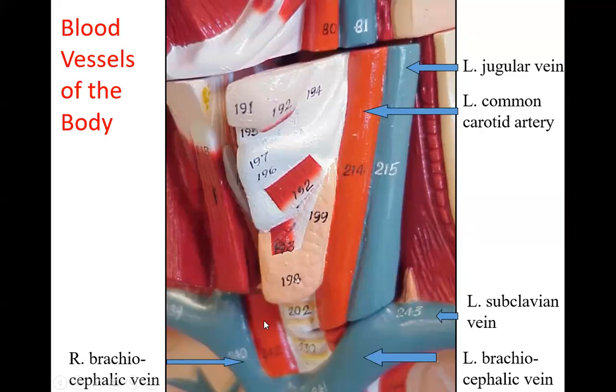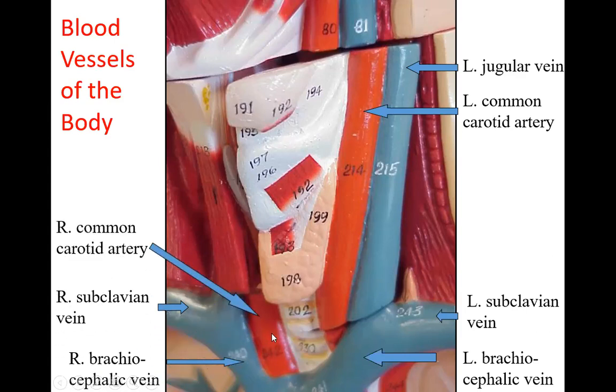Probably can't see it well, but there's the right subclavian, and this little part you see here is the right jugular vein, and this is the right common carotid here in red. So right there it is.